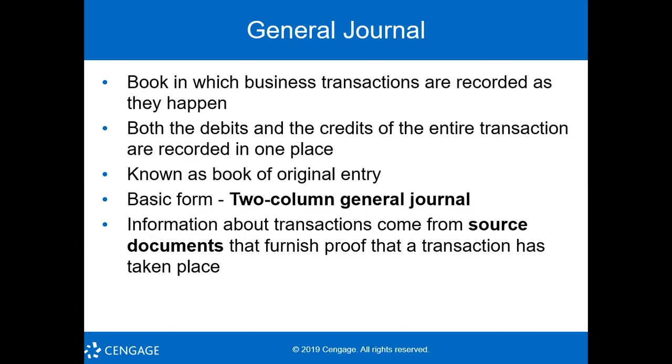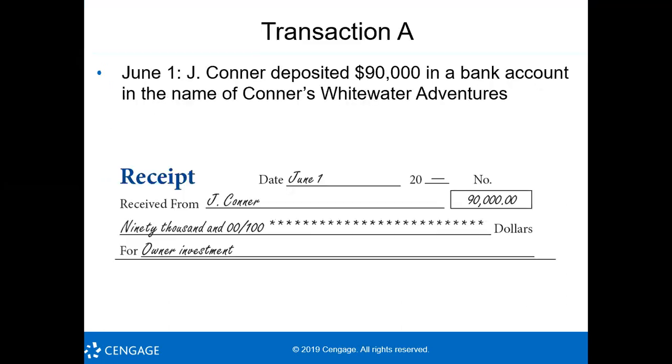So things like canceled checks or carbon copy of checks or bank statements or labor time tickets or vendor or supplier invoices, right? We take those source documents. That's how we know what needs to be recorded, what amount it needs to be recorded for, what date it needs to be recorded on, all that good stuff. And so we would do our journal entry into the general journal first, and then it gets posted to the ledger accounts or to the T accounts that we got practice with in chapter 2.